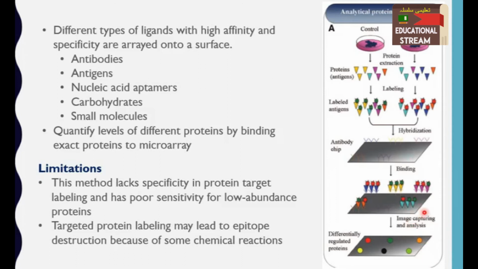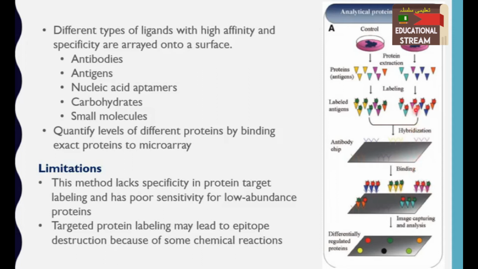So this experimental procedure is analogous to the gene expression profiling that is done with the DNA microarray, and it allows the effect of various physiological stimuli and genetic alteration on the protein levels to be examined simultaneously.